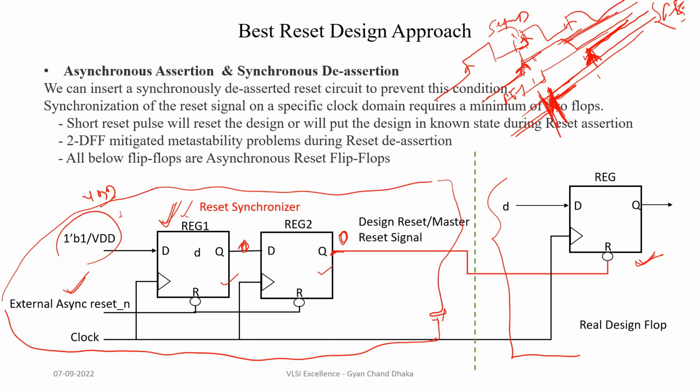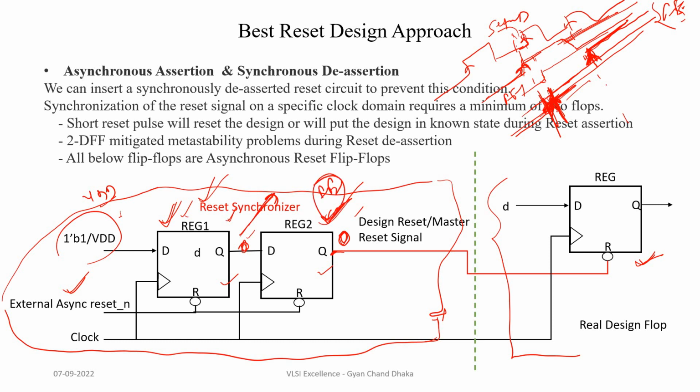So at this clock edge, when the reset deassertion is happening just before the clock edge, our flip-flop 1 can go into metastable, but our flip-flop 2 will not go into metastable, because the input and output are both 0 for flip-flop 2. Before the next clock edge, this metastable flip-flop will get settled, and hence we will get a clean output from register 2.